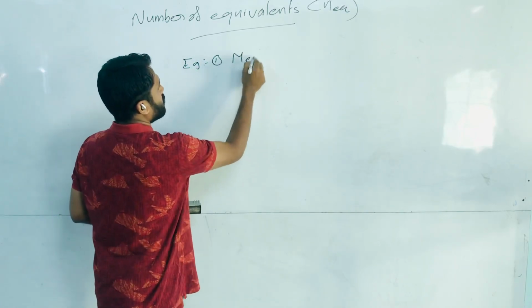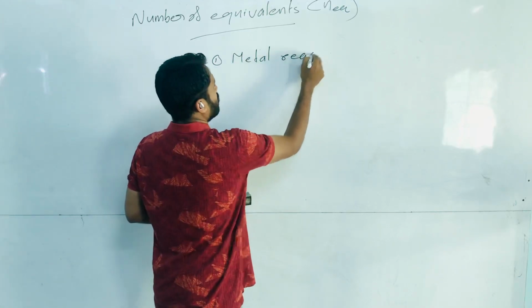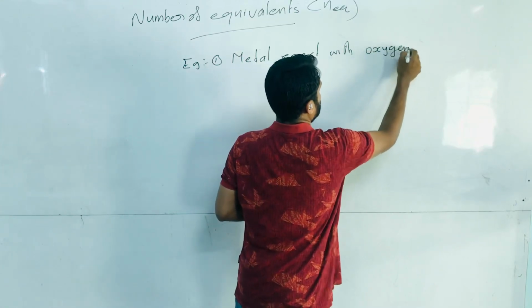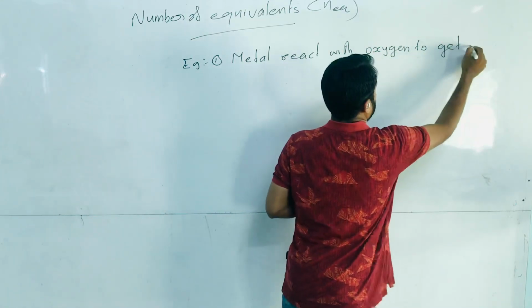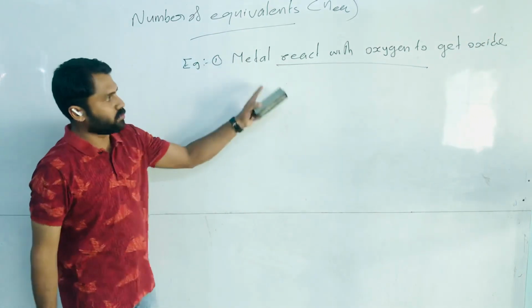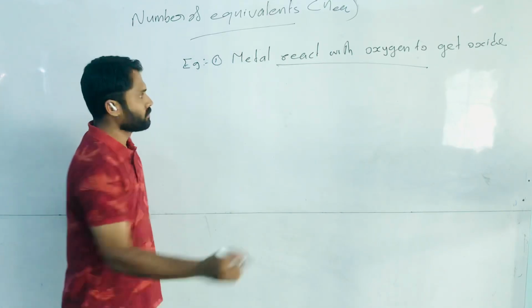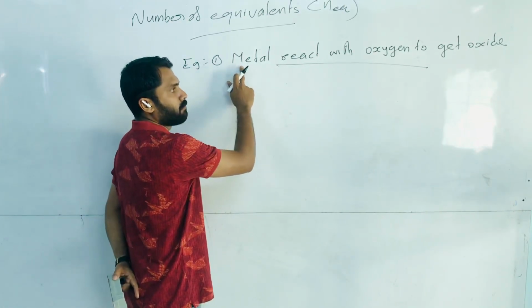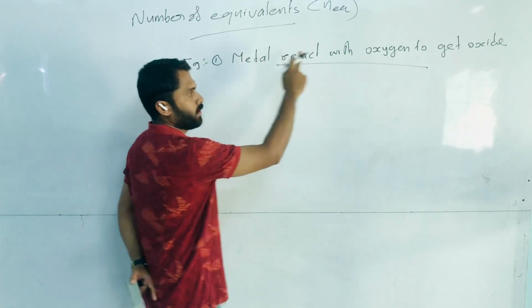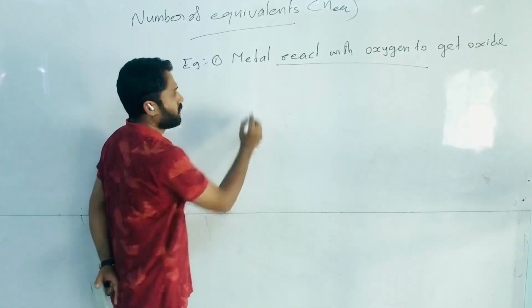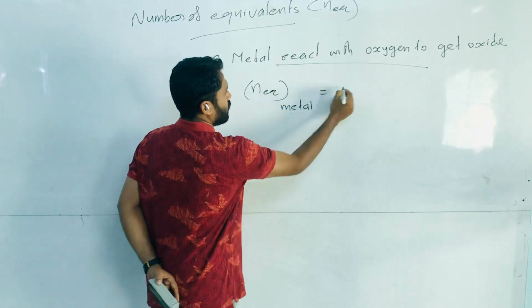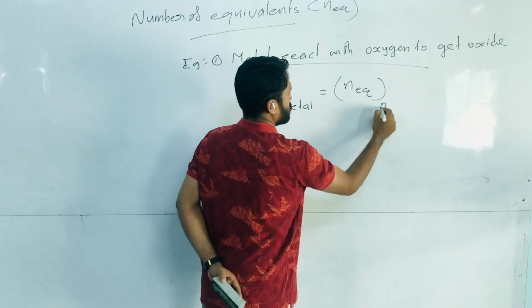If a metal reacts with oxygen to get an oxide, and the metal completely reacts with oxygen, we know the number of equivalents of metal should be equal to the number of equivalents of oxygen.